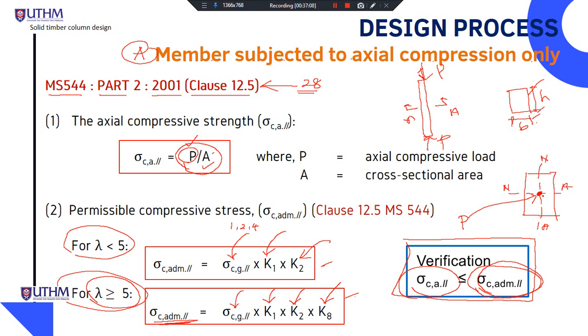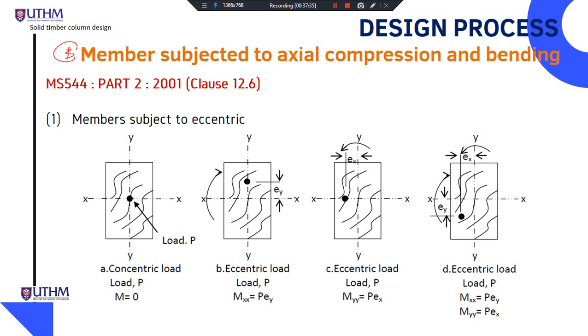The P is exactly located at the centroid of the column. But however, for the actual cases out there, it is impossible to get case 1 where the P is exactly at the column centroid.